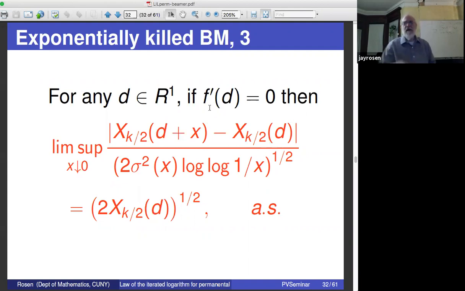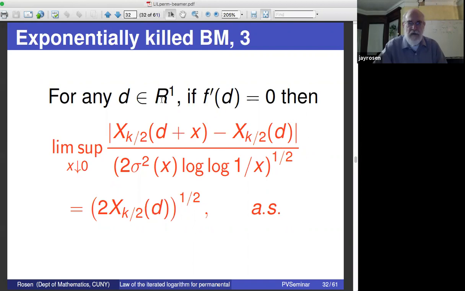This condition, f prime of d, is rather restrictive. We can give many examples. In this case it's special. I don't know if I have time to explain why, but this is special for things that come from Brownian motion. If I'm dealing with symmetric Levy processes, then I don't need a condition like that.